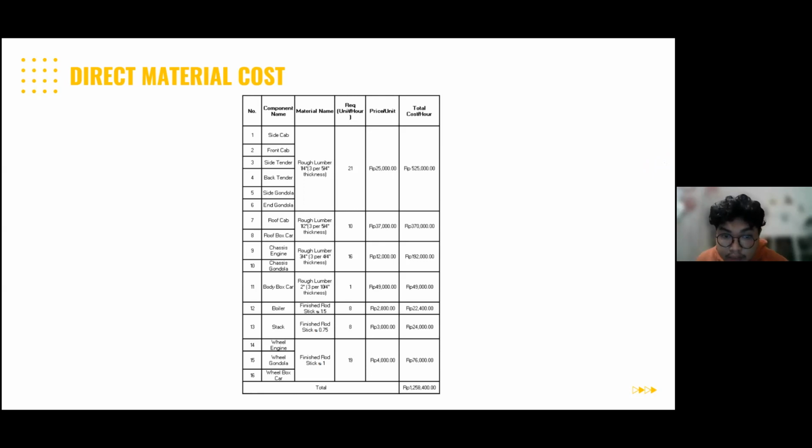Then we have number 1.5, rock number 3/4, rock number 2, finish rod 1.75, and finish rod stick 1. The total is 1,258,400 rupiah. Next we will present it with my friend.